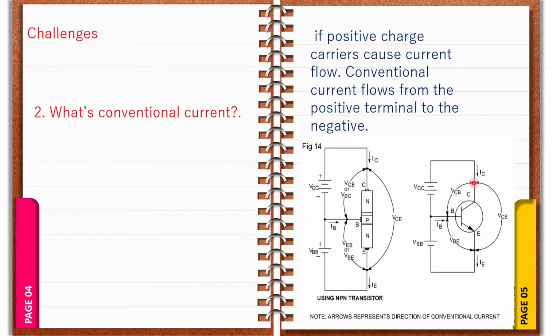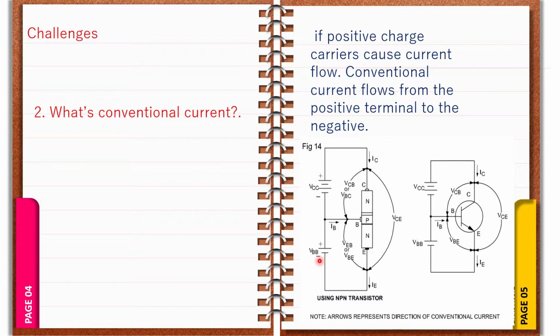Conventional current flows from the positive terminal to the negative terminal. See here, the base current is coming from the positive terminal and entering into the base region. The emitter current is coming from the emitter terminal and entering into the base supply voltage minus terminal.